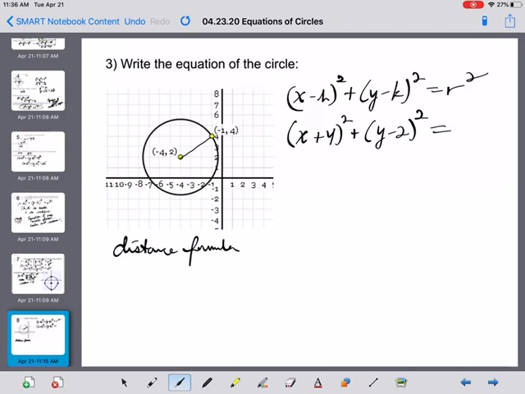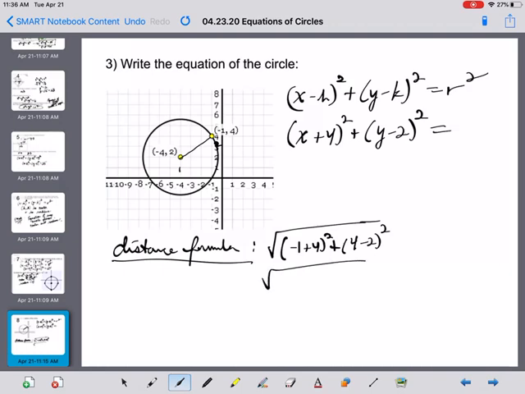Or you could actually use Pythagorean theorem, but let's use distance formula. So square root of x2 minus x1 squared plus y2 minus y1 squared. Okay, so square root of, let's see, -1 plus 4 is 3, 3 squared is 9. 4 minus 2 is 2, squared is 4, square root of 13 is the radius.